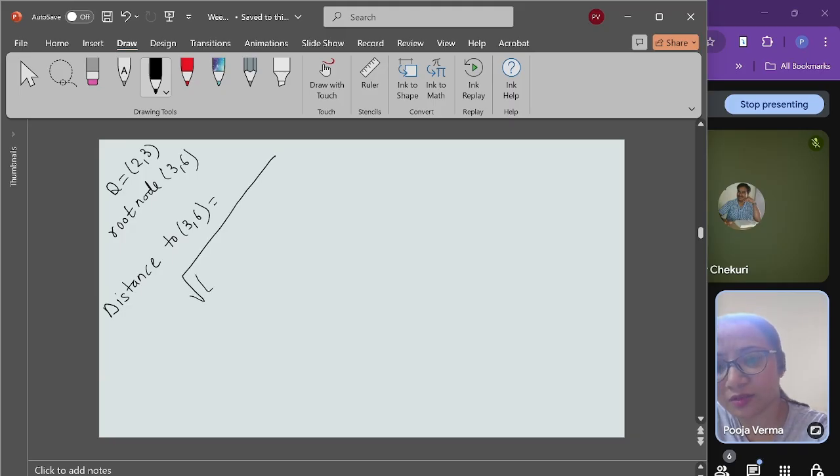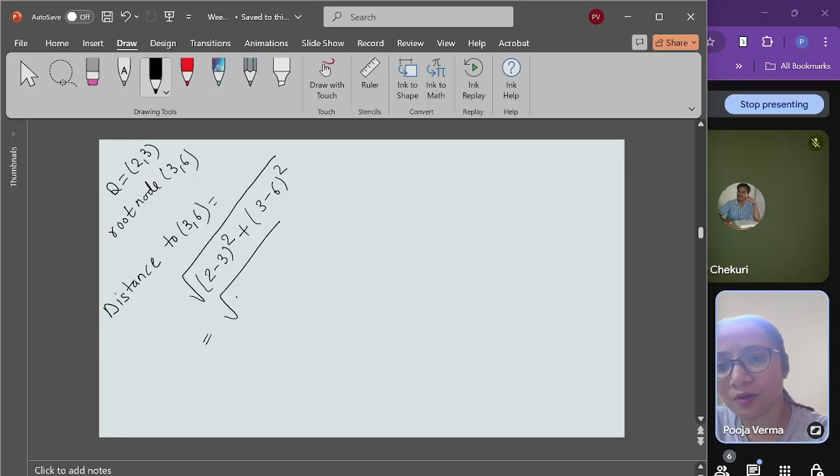So for that we need to calculate the Euclidean distance. The formula is the square root of (x minus x1) whole square plus (y minus y1) whole square, right? So for that, (2 minus 3) square plus (3 minus 6) square.